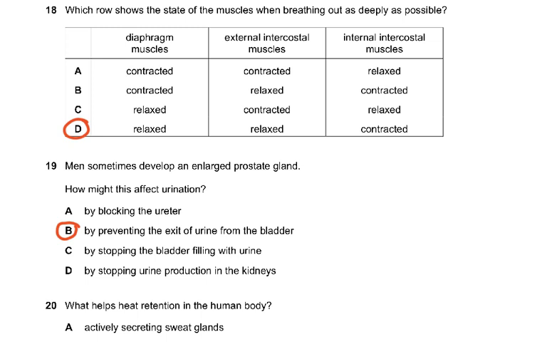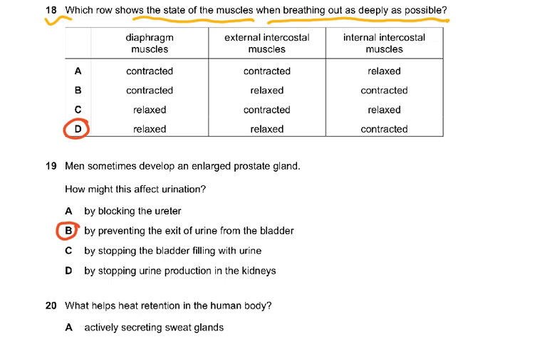Question 18. Which row shows the state of the muscles when breathing out as deeply as possible? So, diaphragm muscle, external intercostal muscle, internal intercostal muscles. Well, when you're breathing out, exhaling, the diaphragm has gone back. So, the diaphragm is relaxed.